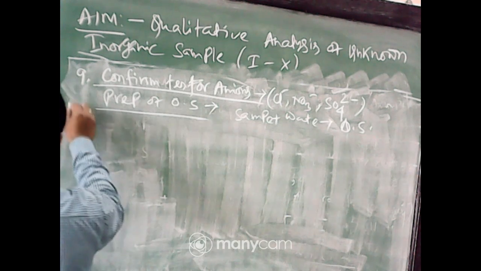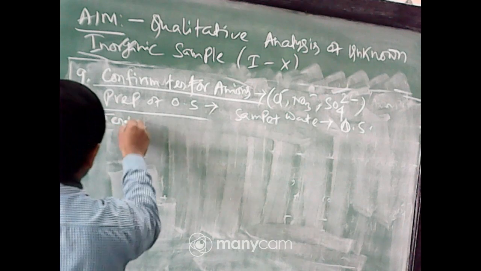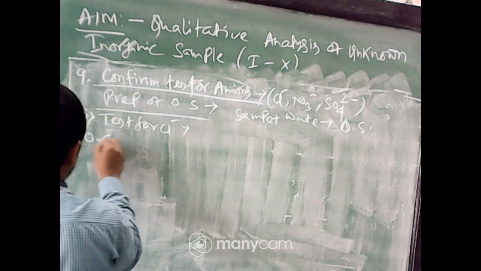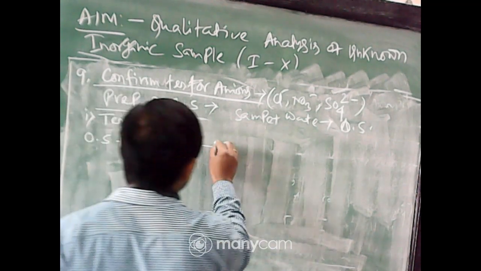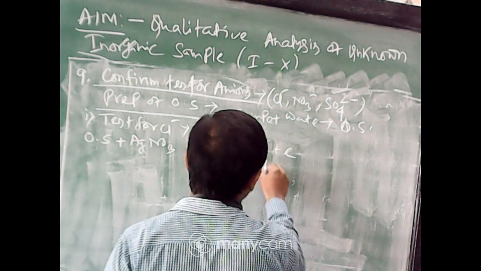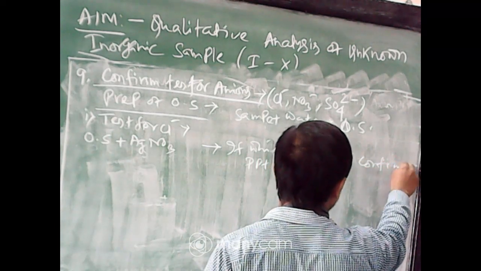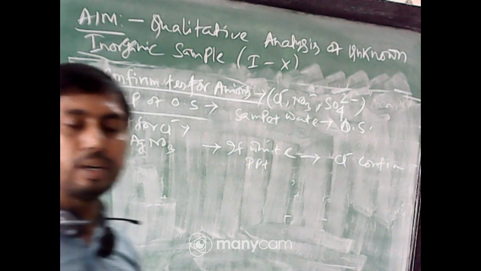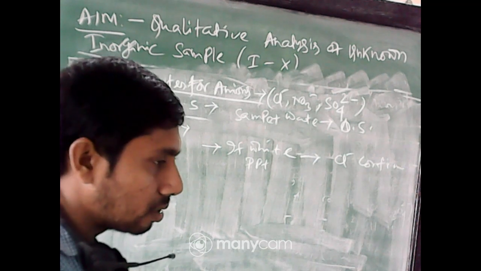Now first, under number 1, test for Cl minus: OS plus AgNO3. If white PPT, Cl minus confirmed. If white PPT does not appear, then Cl minus is absent.